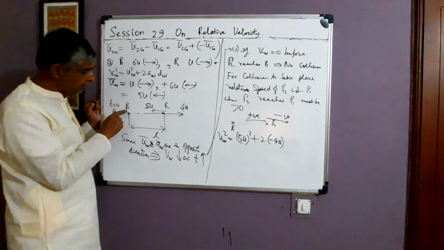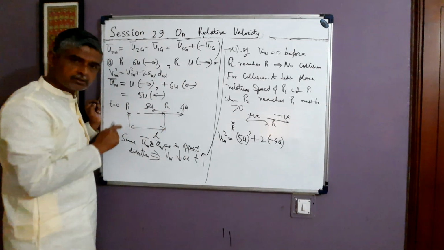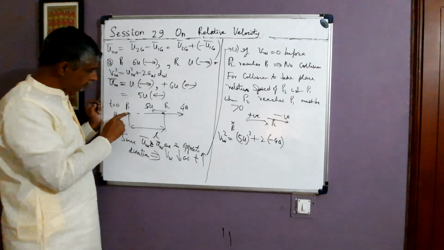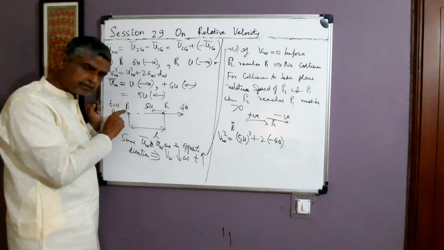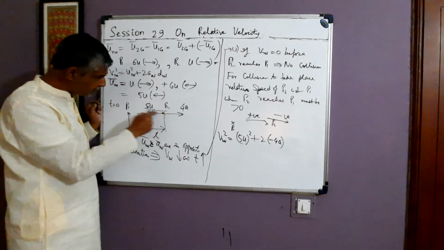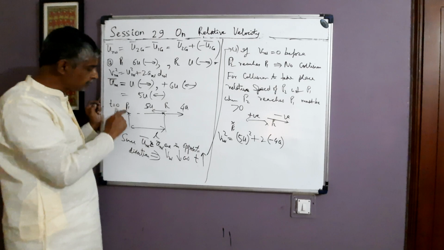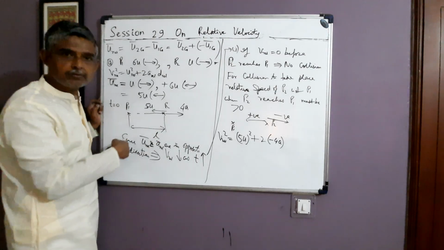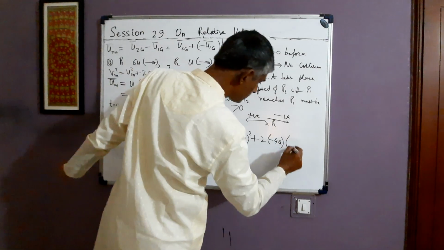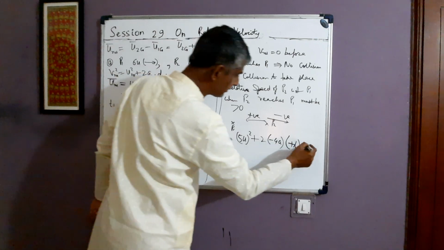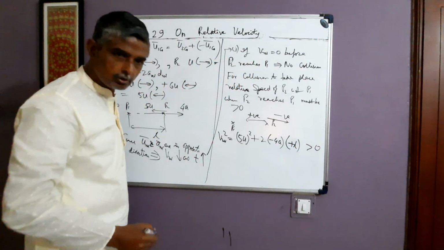As seen from P1, P1 is at rest and P2 is moving towards it. So the relative displacement of P2 with respect to P1 will just be L towards left, so plus L. And this v relative squared should be positive. That is the condition for collision.